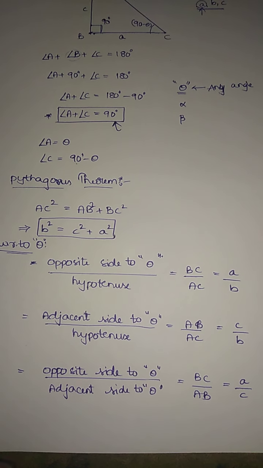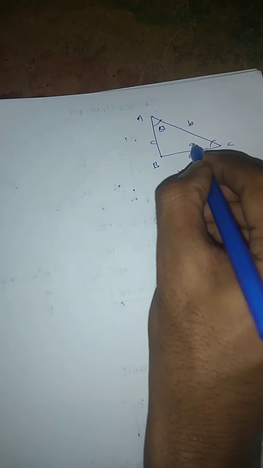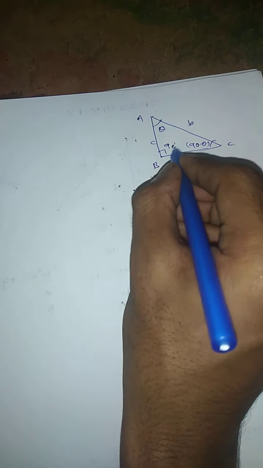A few more are there. I'm going to write it on the back side. Okay, so we have this. I'm going to draw once more this triangle ABC, a right angle triangle, and the sides are a, b and c. So this is theta, this is 90 minus theta, and this is 90 degrees. Now I'm going to write one more possible ratio.